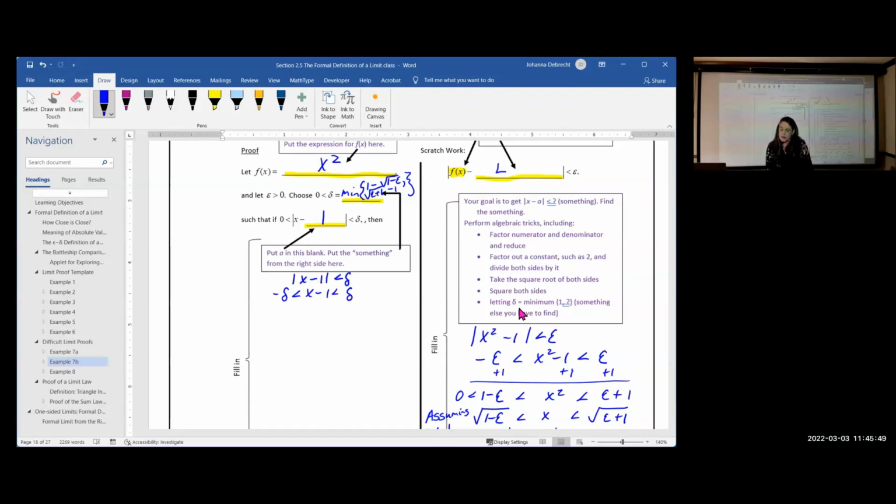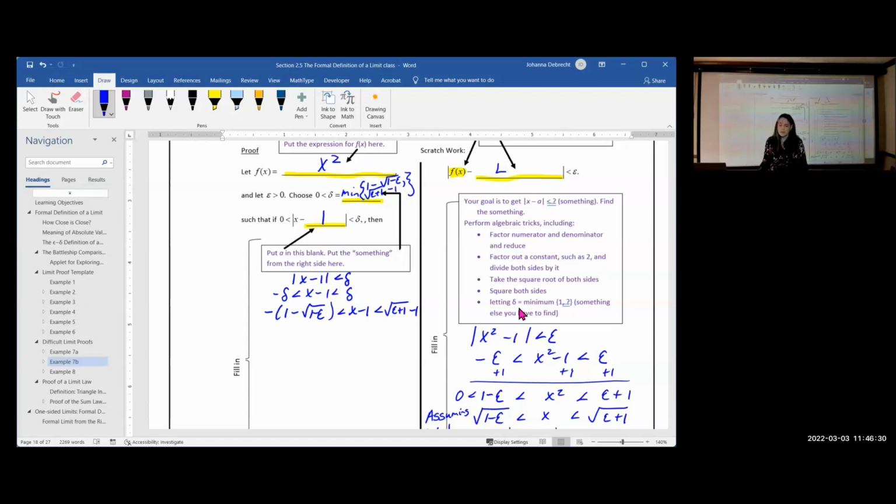And then we put in the two values that we had before that, which was the negative times 1 minus the square root of 1 minus epsilon, which might fit outside of that negative delta to delta range or might be equal to it, less than x minus 1, less than the square root of epsilon plus 1 minus 1, all right? Now remember that these are either equal to delta or they fit outside the delta range. So if they fit outside, then they definitely still work in the inequality.